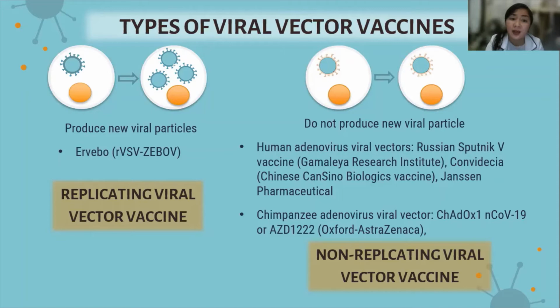However, vaccine antigen can only be produced as long as the initial vaccine remains in infected cells, so it will just last for a few days. This means that the immune response is generally weaker than with the replicating vectors, and booster doses are likely to be required.